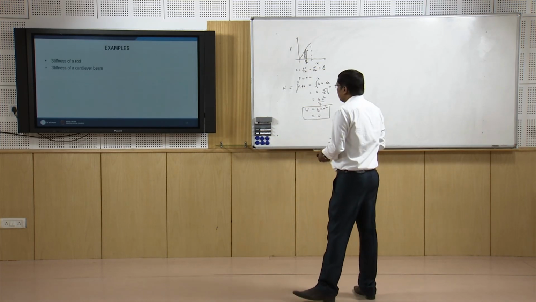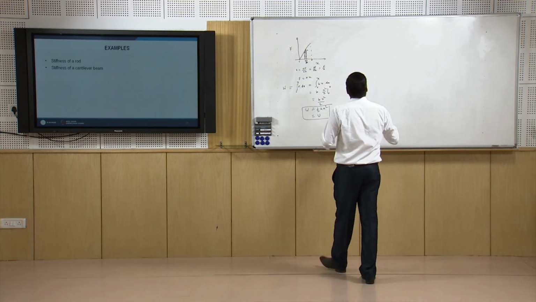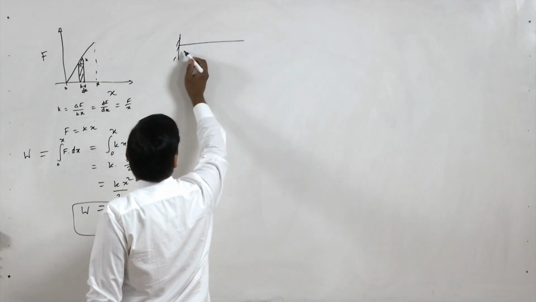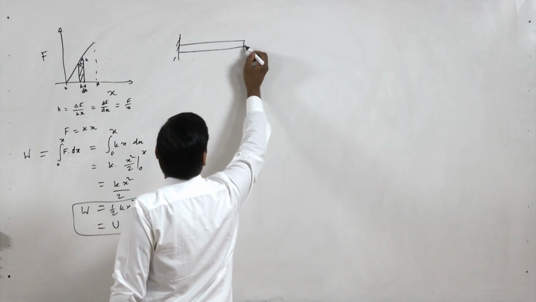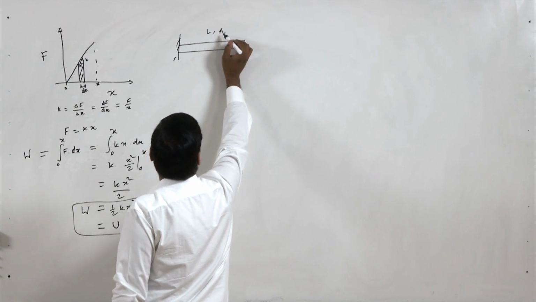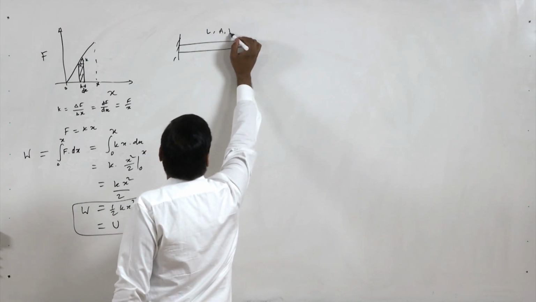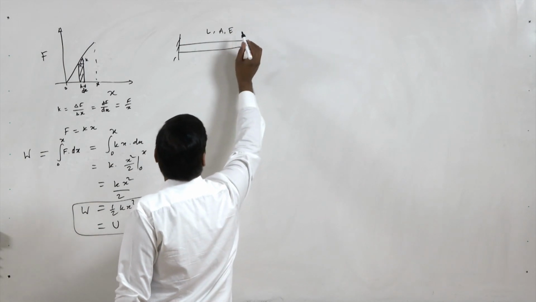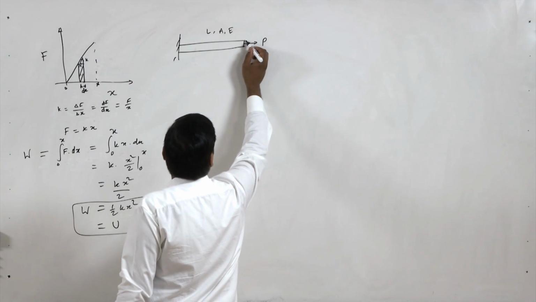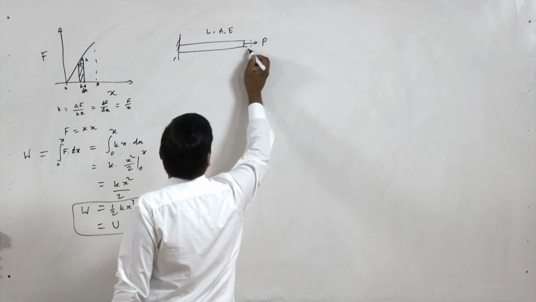Now we can take certain examples. For example, there is a rod. So this is a rod that has length L, area of cross section A, elasticity E, and some force P is applied, and there is some deformation, let us say delta.